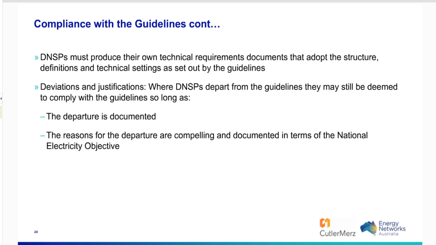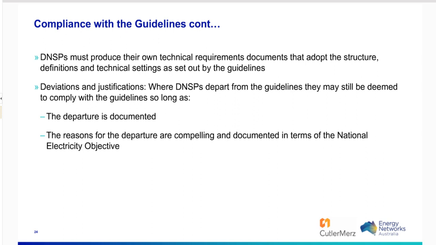As part of that, within the document itself, it's written that the DNSPs themselves must produce their own technical requirements and adopt the structure, definitions, and technical settings as set out within the guidelines. However, there can be some deviations, as long as they're justified.